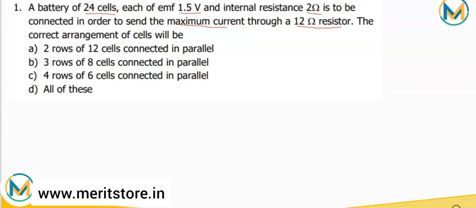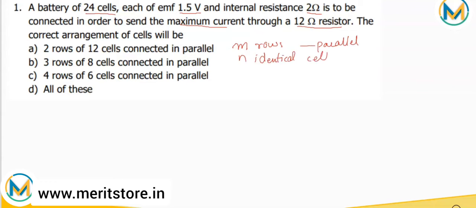So here we are supposed to consider that there are m rows connected in parallel to each other, and each row contains n identical cells.